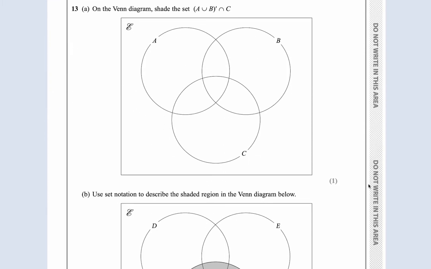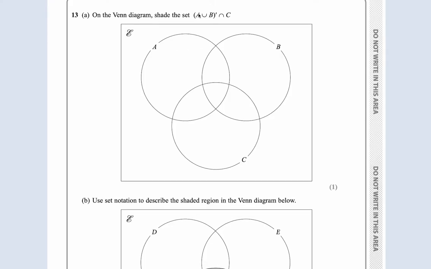Question 13. On the Venn diagram, shade the set A union B not intersection C. Okay, so what's not in A union B? So guys, I saw a nice technique recently of doing these questions. It was by putting a little tick, a different color tick in the regions that satisfy each of these things. So A union B not, I'm going to do with a purple tick.